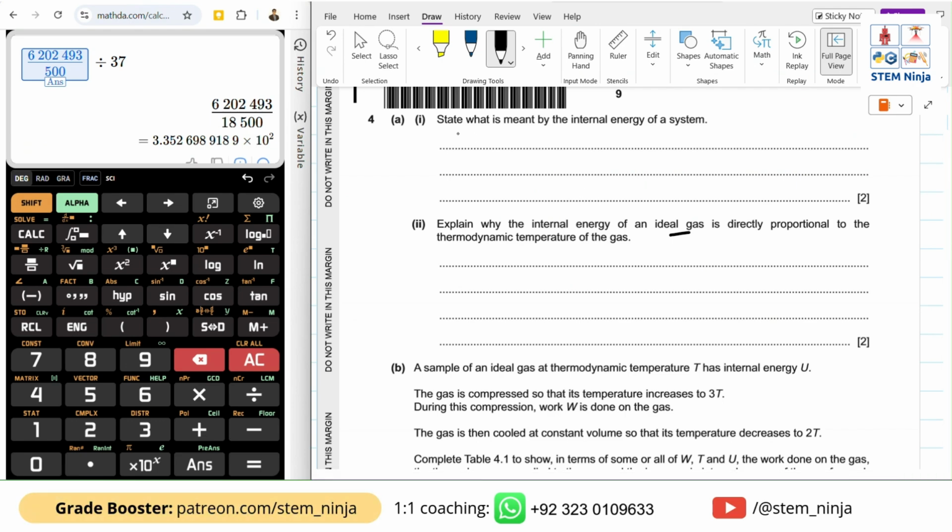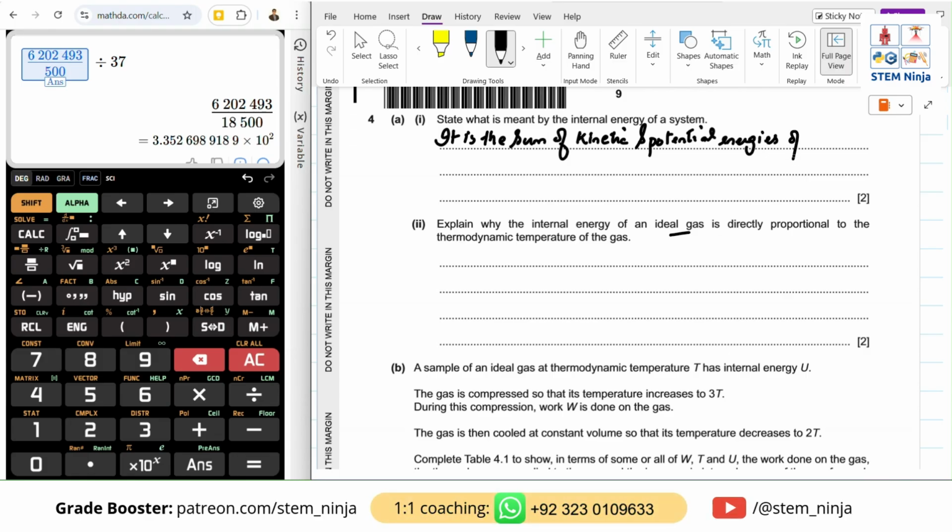So first off, it is the sum of kinetic and potential energies of the particles of the system.